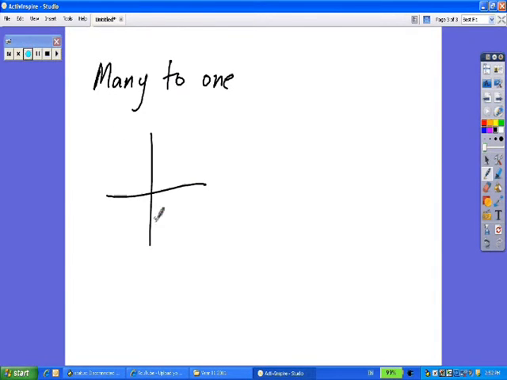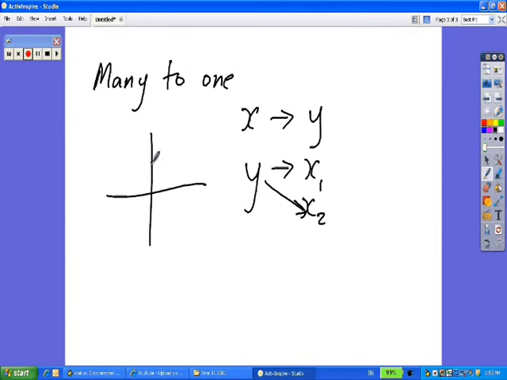So let me go back here. x only corresponds to one y value, but one y value might correspond to x1 or x2 in a many-to-one. And the example here is a parabola, okay. So here it still says many-to-one because for any x value, there's only one y value, but for every y value, there might be two values of x.